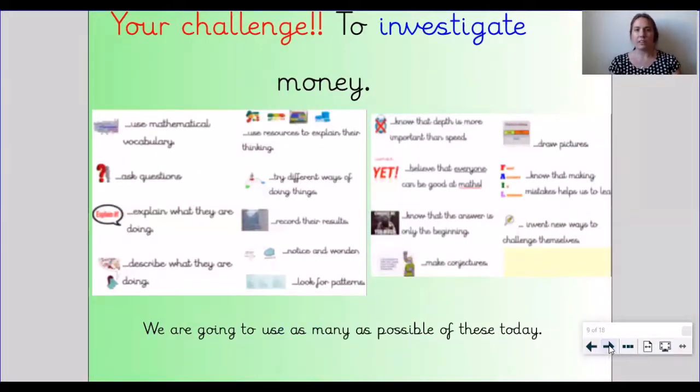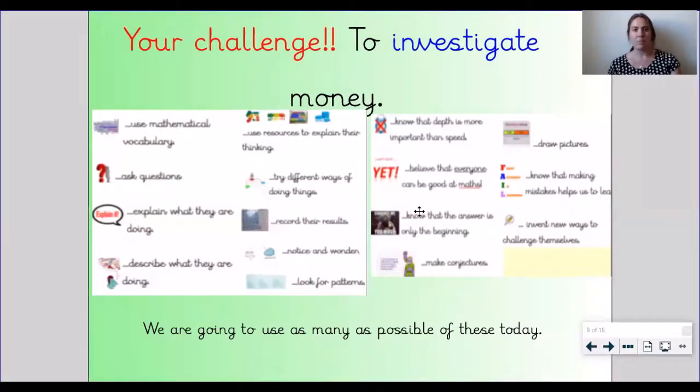So today, your challenge is to investigate money. We want you to try and use as many of the marvellous mathematician characteristics as you can. So using vocabulary, asking questions, explaining what you're doing, using some resources.